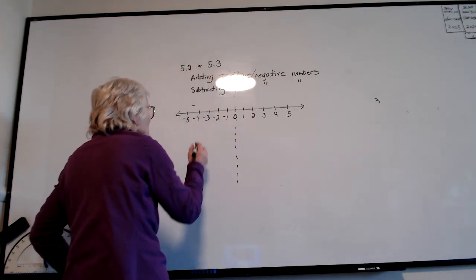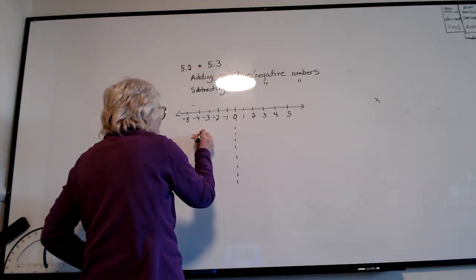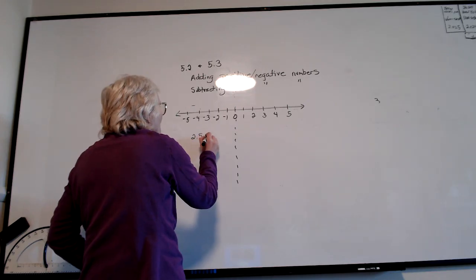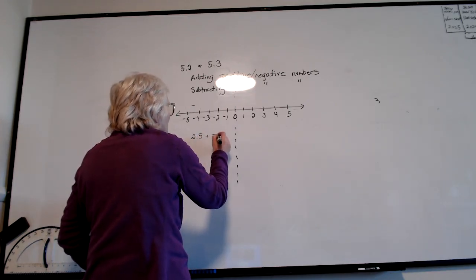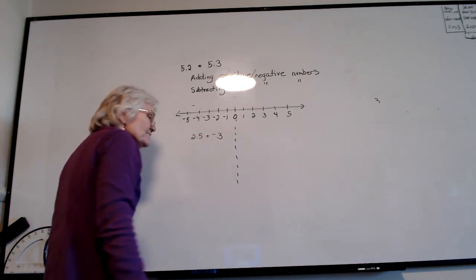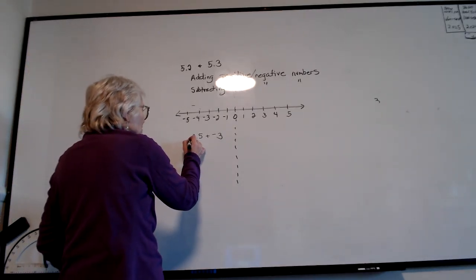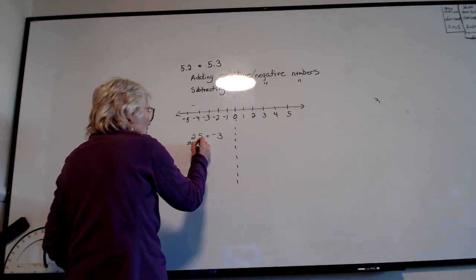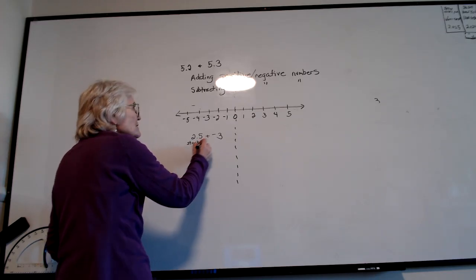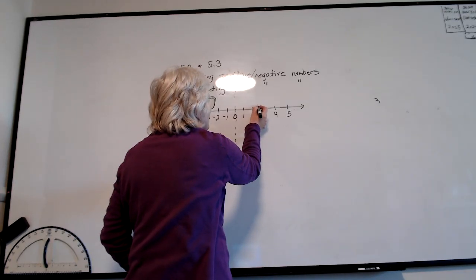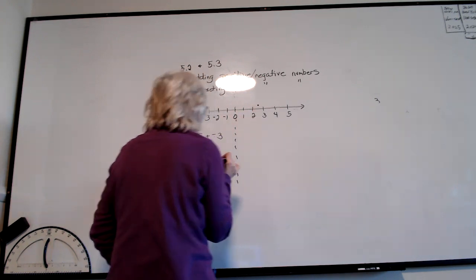So let's say we started at 2.5 and we're going to add a -3. Okay, so again, I am starting at 2.5. Okay, so 2.5 is approximately right here.